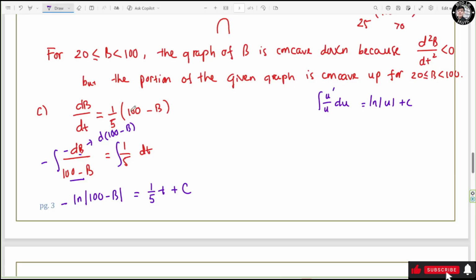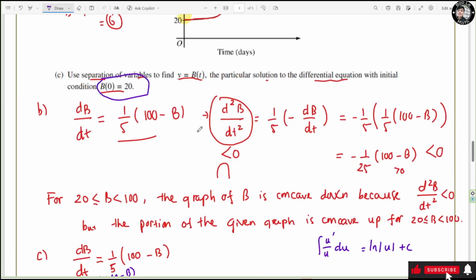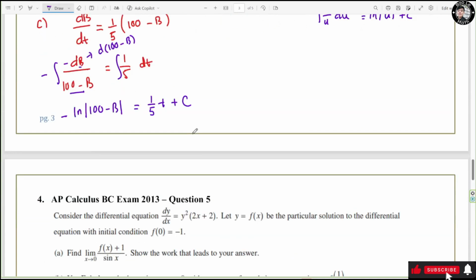Now we're going to use the initial condition right here to find c. So B of 0 equals 20. Substituting over here, you have negative ln absolute value of 100 minus 20, which is 80, equals c. So c equals negative ln of 80.